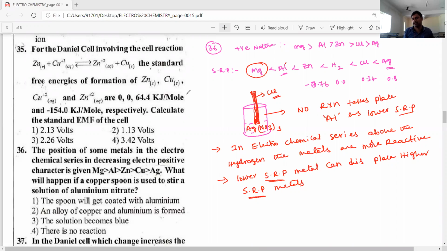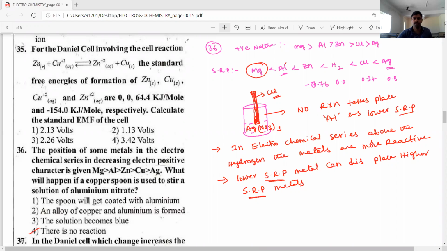But here copper has more SRP value compared to aluminum, and aluminum has a less SRP value. That's why copper cannot displace aluminum from its solution. So no reaction takes place. The answer is the fourth one.